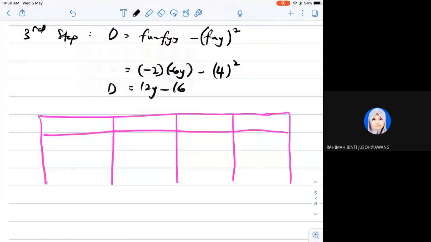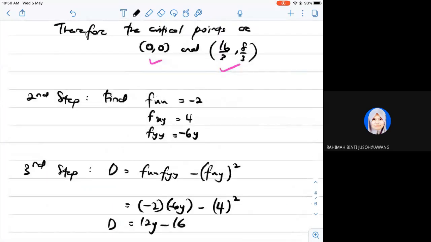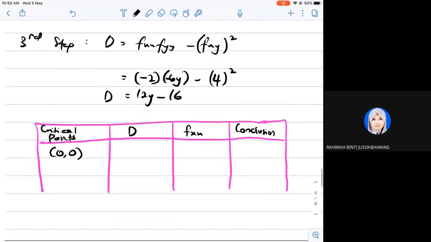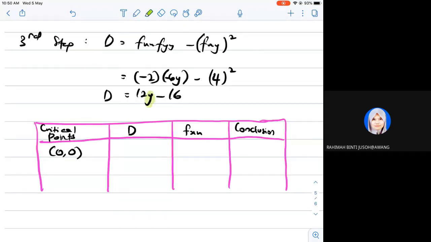Okay, now this is the critical points. Yang ni calculate your D, yang ni fxx. Yang ni conclusion lah. Okay, let us test 0, 0 first. Bila titik 0, 0, you gantikan dalam D. Ini 0 kan? So you akan dapat D equals to negative 16, isn't it?